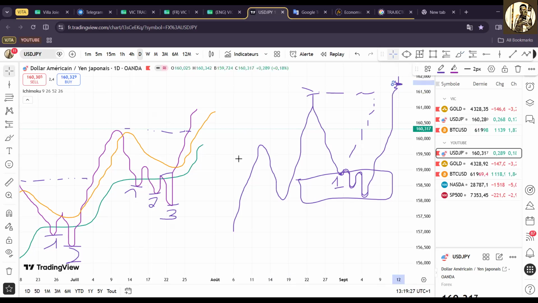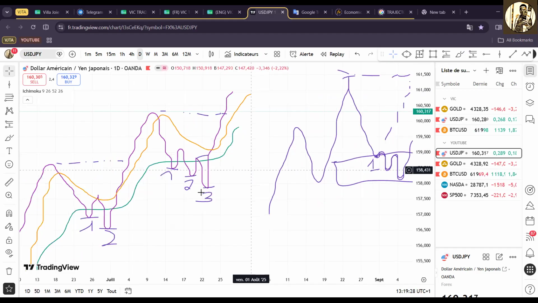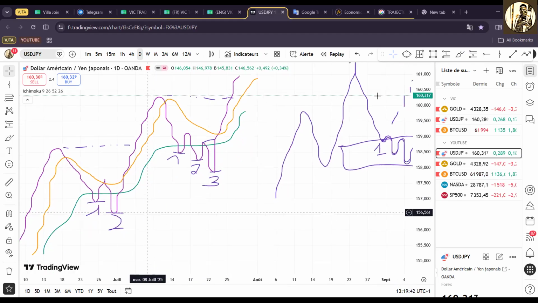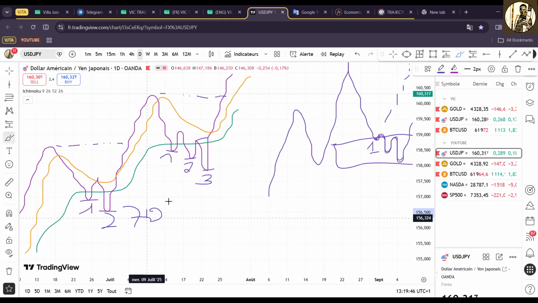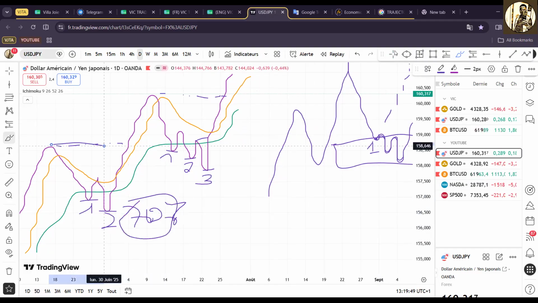So the Kijun line is literally getting touched more than one time, and rarely just one time. Like 70% of the time, you have a minimum of two touches of the Kijun line before the V breaker is created.